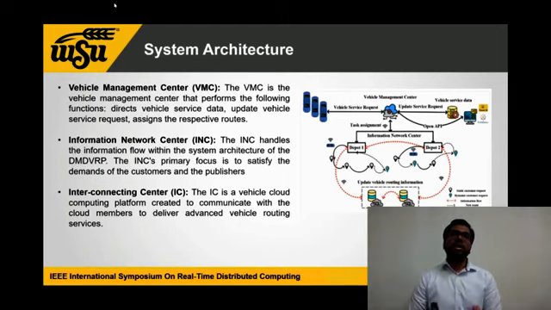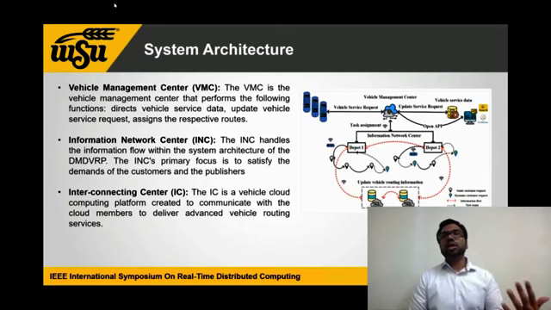It creates a network between the publishers and the customers, where the customers constantly communicate their service requests to the publisher, and the publisher thereby orients them to the vehicle management center. And the interconnecting center bridges the vehicle management center and the information network center. It communicates with the cloud members in order to deliver advanced vehicle routing solutions to the customers at the earliest possible time.